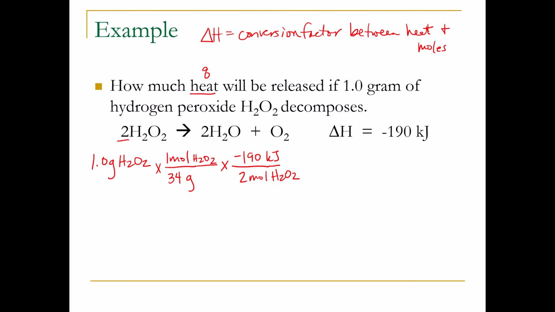That delta H value is just part of that. Alright, this will then allow me to calculate kilojoules because my moles cancel, my grams cancel, and I have negative 2.79 kilojoules. So 2.79 kilojoules of heat is being released from that 1 gram. Alright, so we can use delta H as a conversion factor.